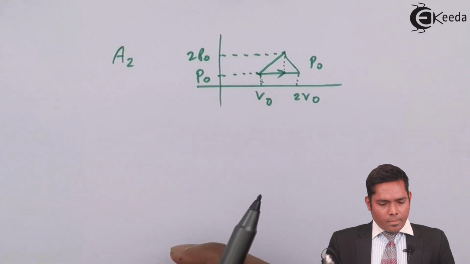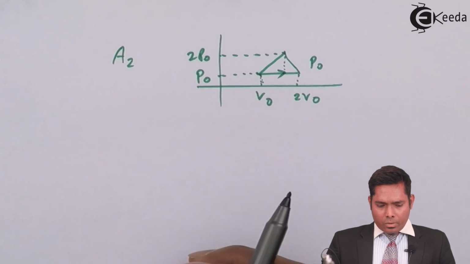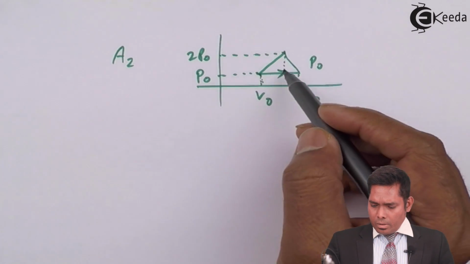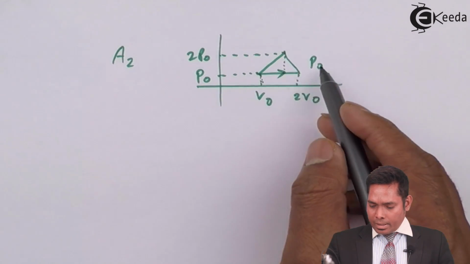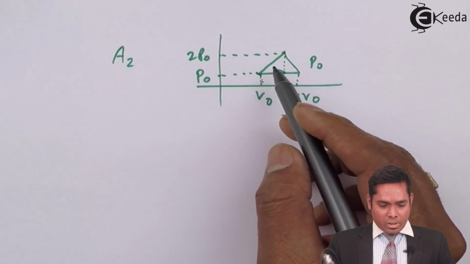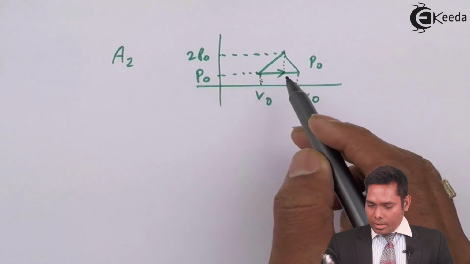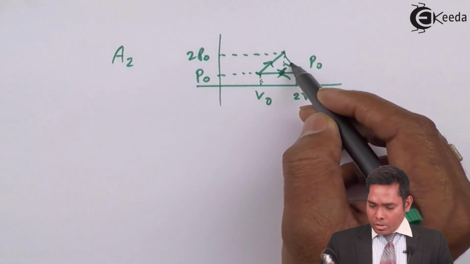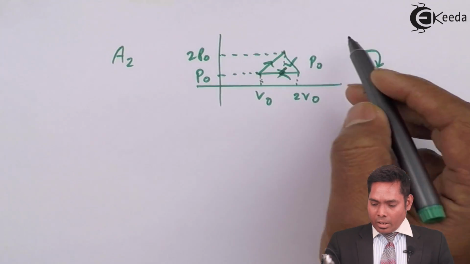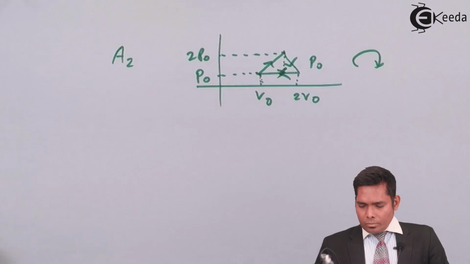This area is exactly the same but in the opposite sense. This is anti-clockwise, this is clockwise, and that area was anti-clockwise.